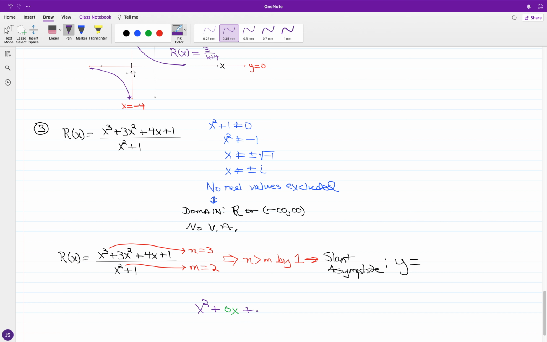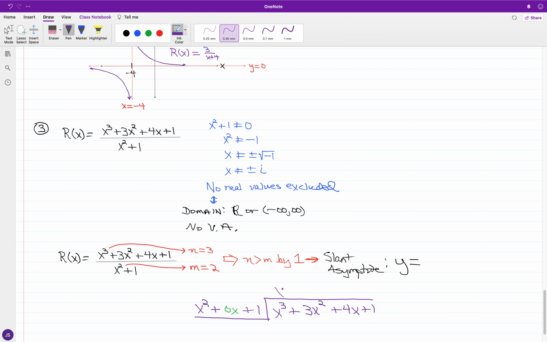In this case, you have x squared plus 0x plus 1, or x squared plus 1. And we have taking into x cubed plus 3x squared plus 4x plus 1.